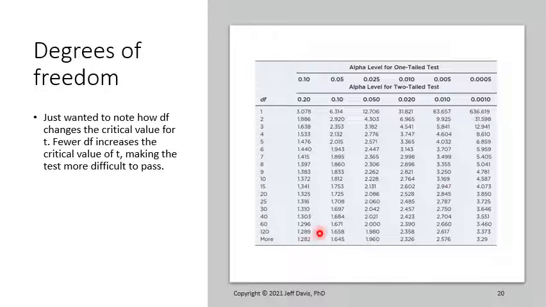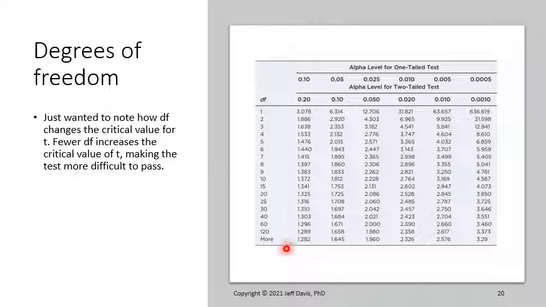So if you take a look here, these are all critical values for t that differ according to the alpha level that you set, whether it's a one-tail or two-tail test, and then degrees of freedom.